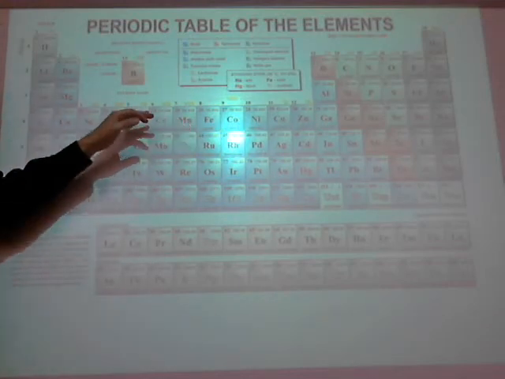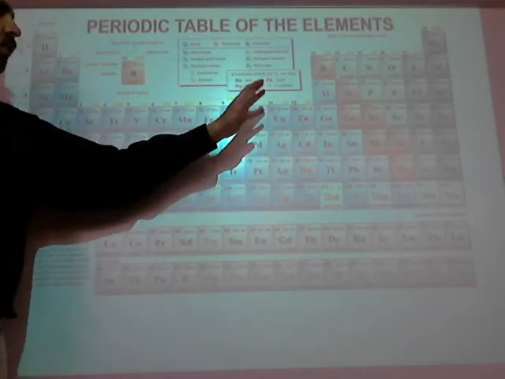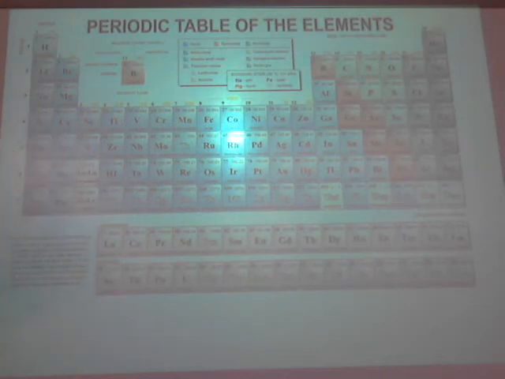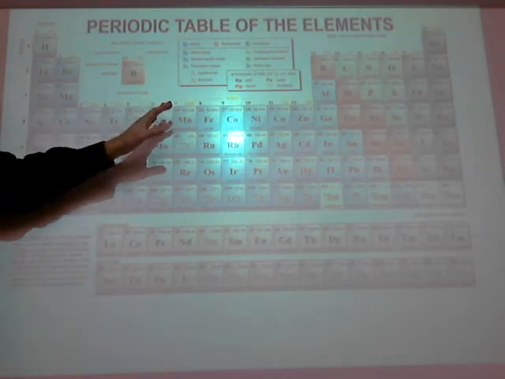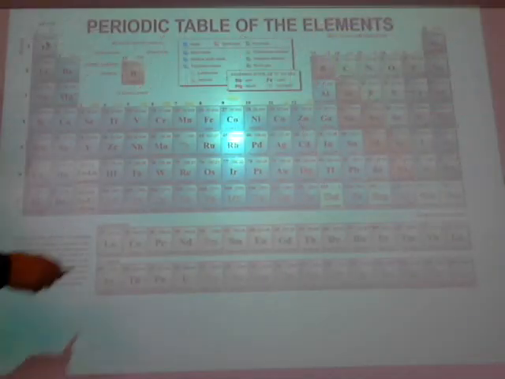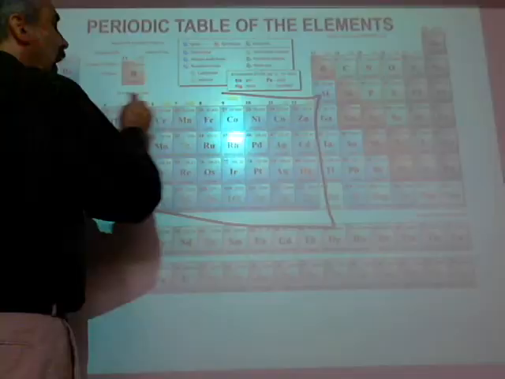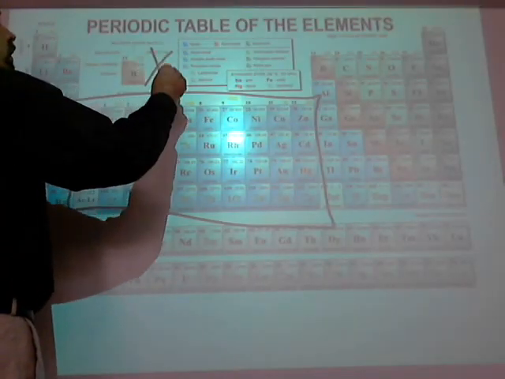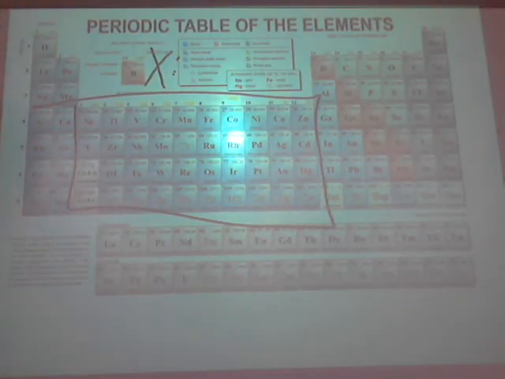Because of that, it turns out chromium and silver and 1 or 2 other guys do some strange things. We'll talk about them. Actually, I'm not going to make you memorize them. So as far as you're concerned, all you have to know is everybody in here has 2 dots to the right. And that's it. 2 dots to the right. Okay? All right.